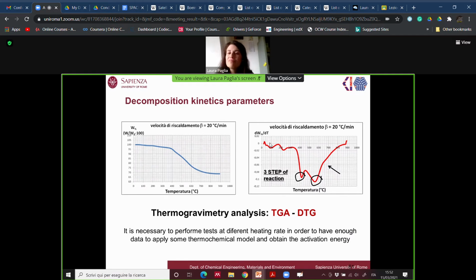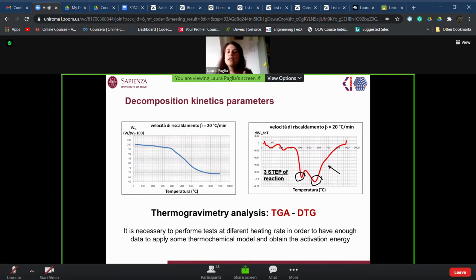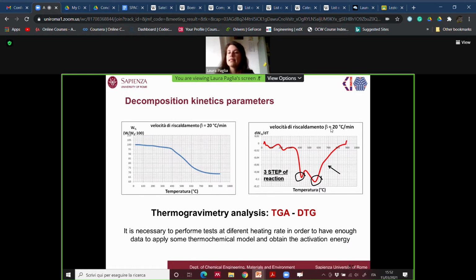Now, according to the scientific community, we have two different approaches. An approach in which we have to rebuild the curve according to the chemical phenomena which occur. In fact, if we speak about phenolic resins, everyone says that we have three steps of reaction.